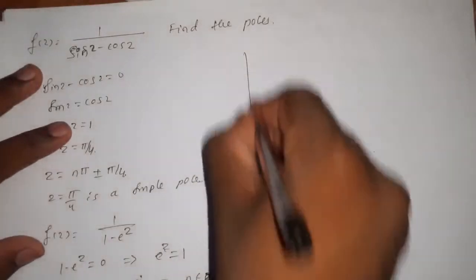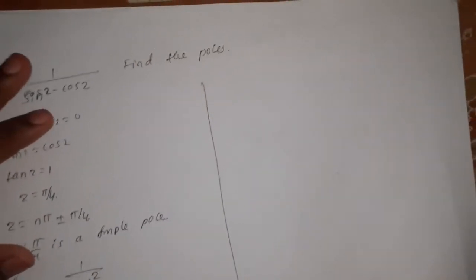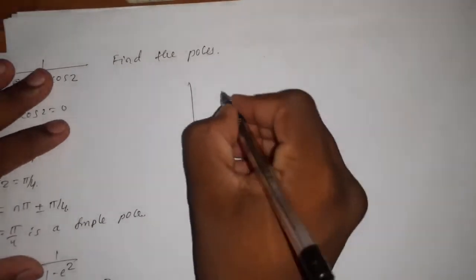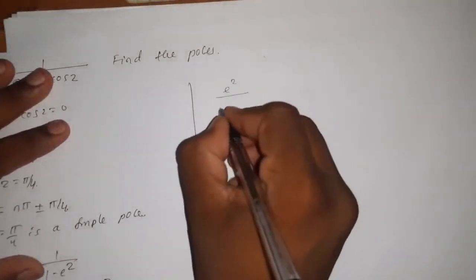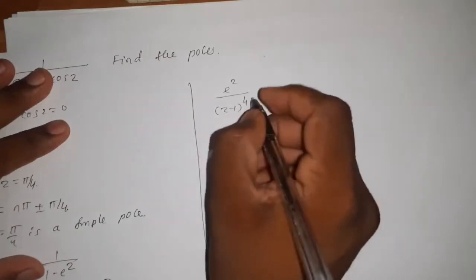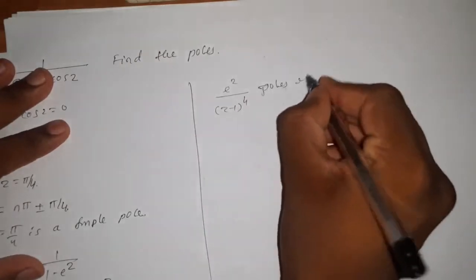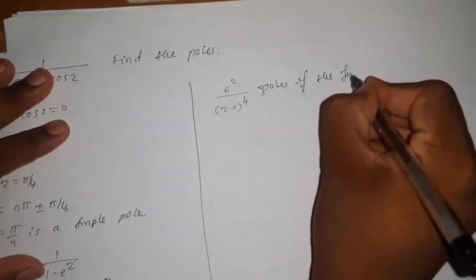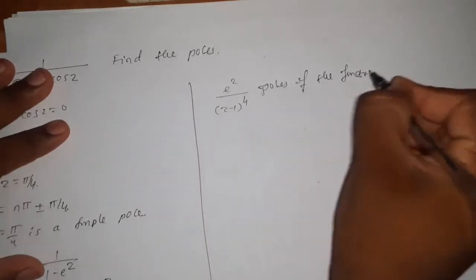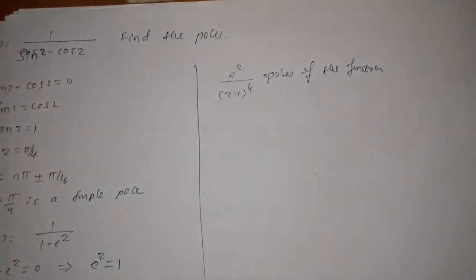And let us consider one more example, that is e power z divided by (z minus 1) whole power 4. So here we need to find the poles of the function.